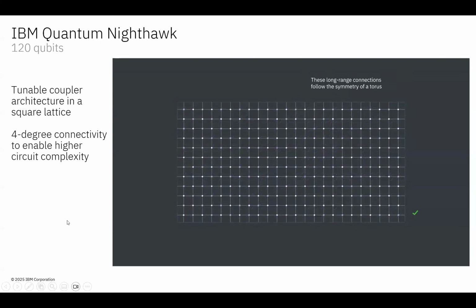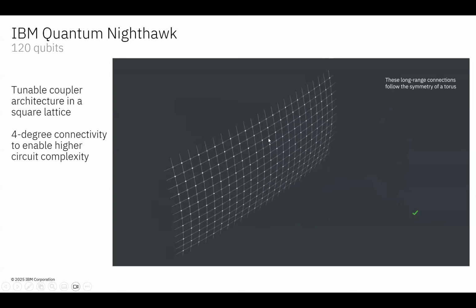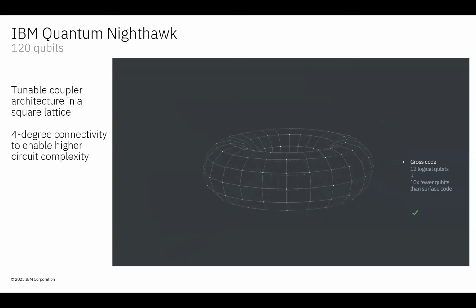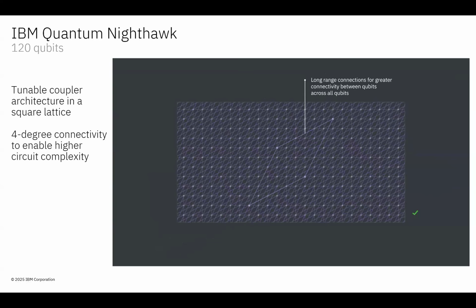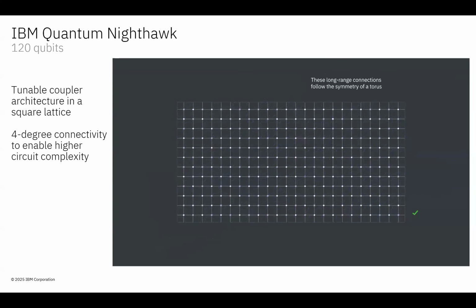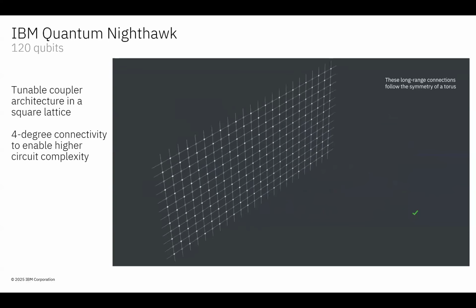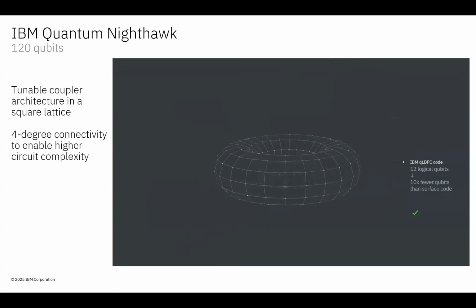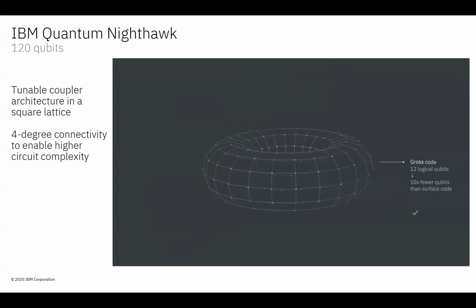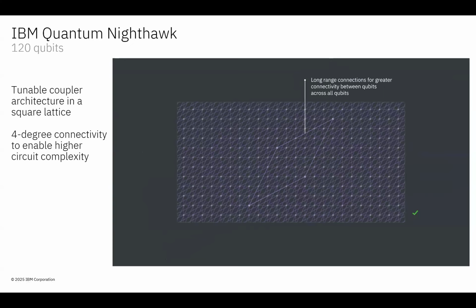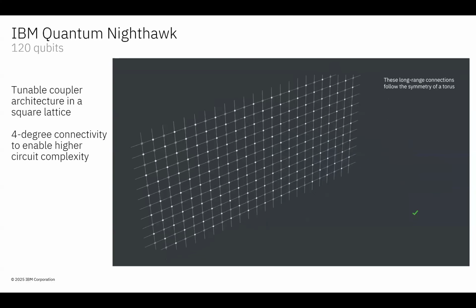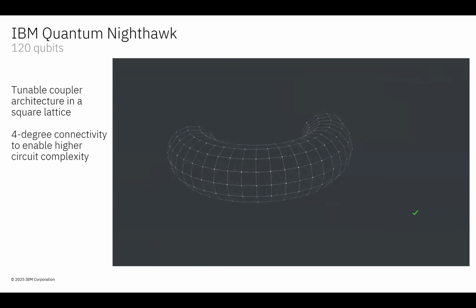So, just showing you how the system will look. We have something like tunable couplers, and our road to the fault tolerant quantum system will be based on quantum low density parity checks, where you can use, for example, 12 logical qubits in 144 data qubits, as a gross code along with the other qubits. In total, we will have around 288 qubits.